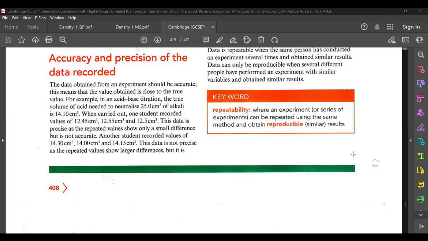Let's say some other student repeats the same experiment, and the answers are 14.3 cubic centimeters, then 14 cubic centimeters, and then 14.1, then 15 cubic centimeters. Now this data is not precise because the difference in the values is quite large.